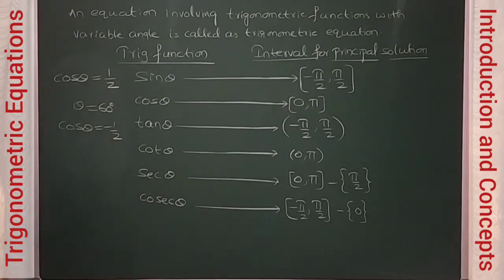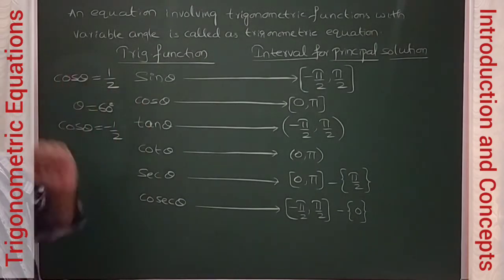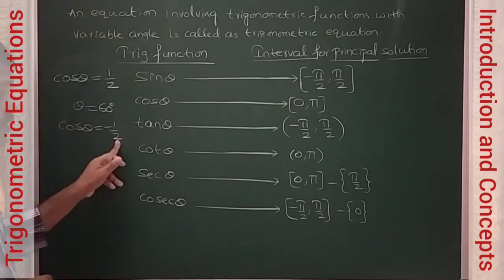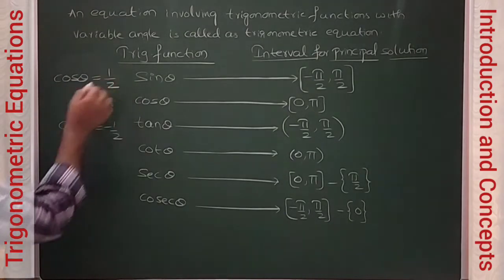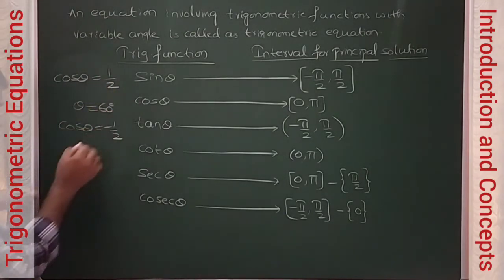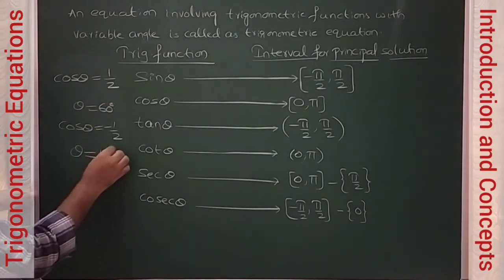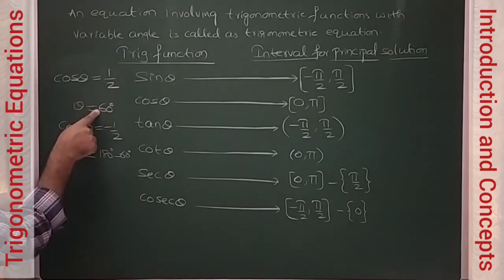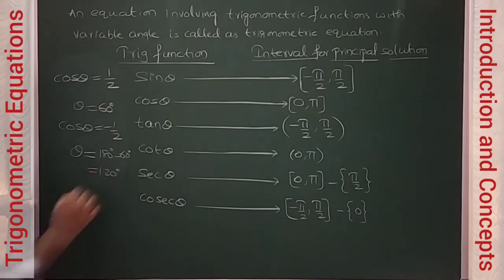So for the cos function, what you have to remember is, whenever cos theta is positive, the principal solution lies in the first quadrant. Whenever cos theta is negative, the principal solution lies in the second quadrant. So cos theta 1 by 2 gives 60, and cos theta minus 1 by 2 lies in the second quadrant. Second quadrant means take 180 minus 60, that's all. For 1 by 2, 60 degrees; for minus 1 by 2, 180 minus 60, that means 120.